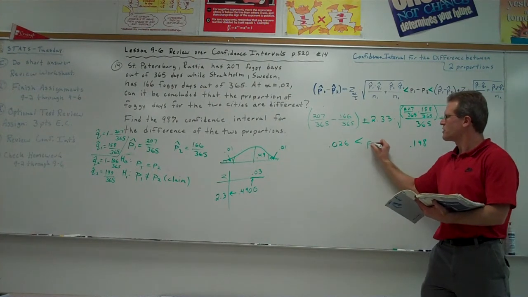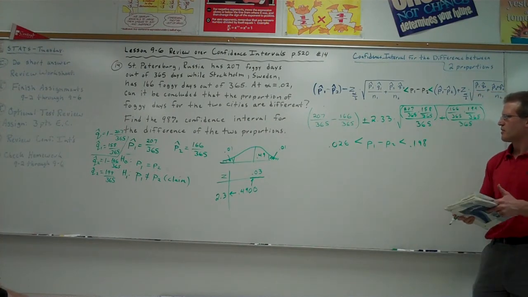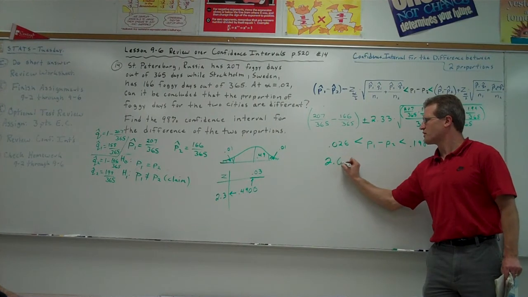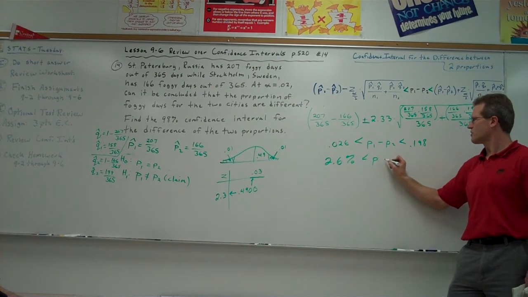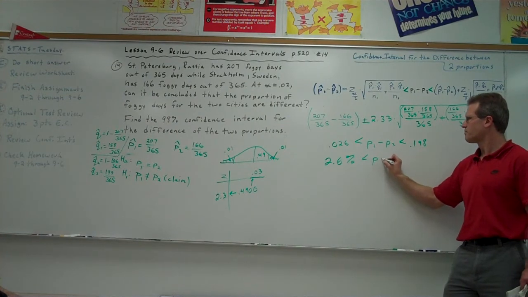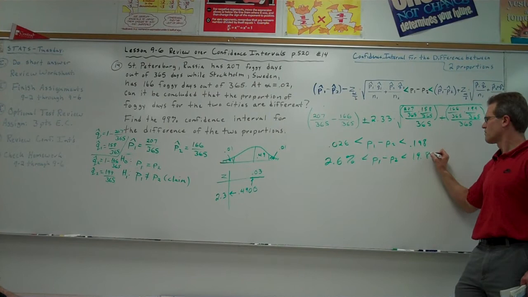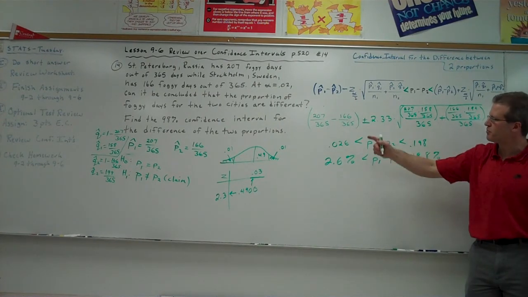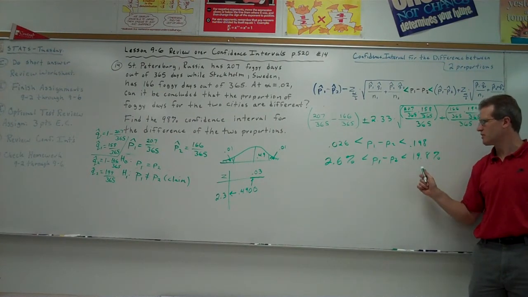So the difference between the proportions is somewhere between there. In other words, somewhere between 2.6% and 19.8%. So the difference in the two proportions of number of foggy days is somewhere between 2.6% and 19.8%.